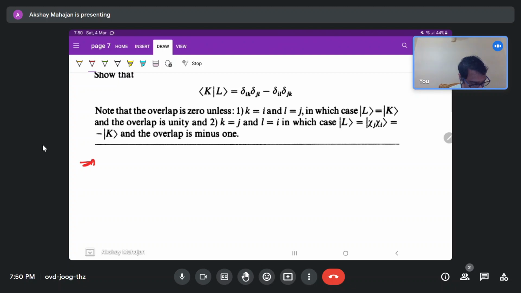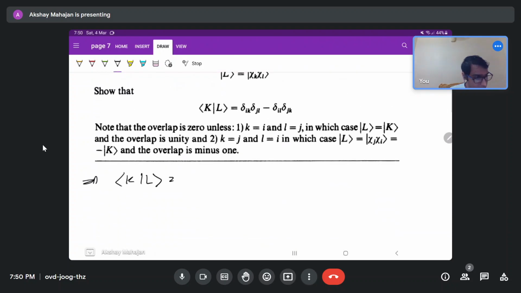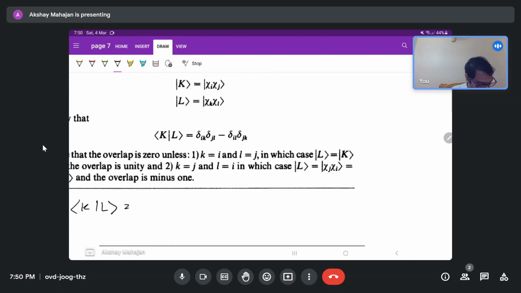So let us find this overlap. Let us solve this problem. What we have to find is the overlap of chi i, chi j with chi k, chi l.